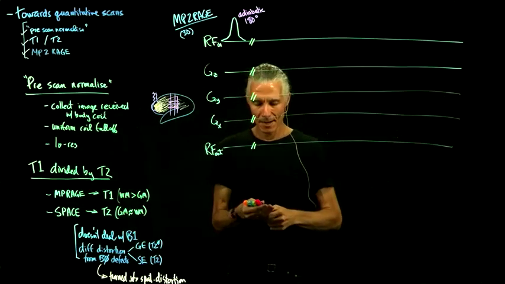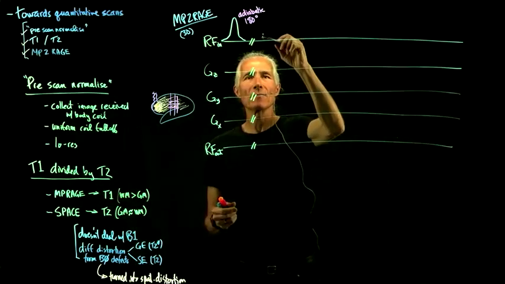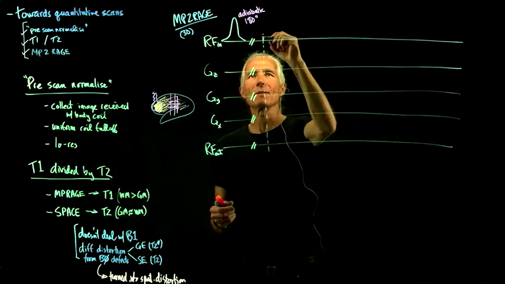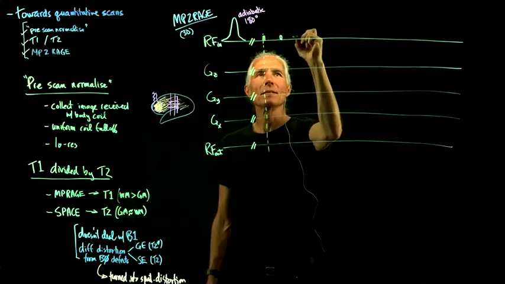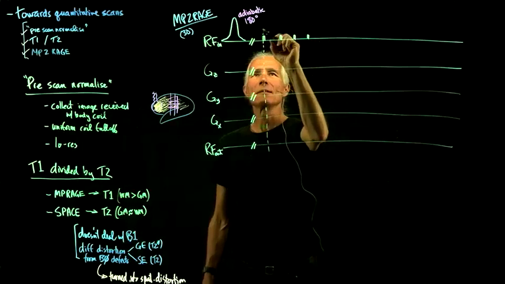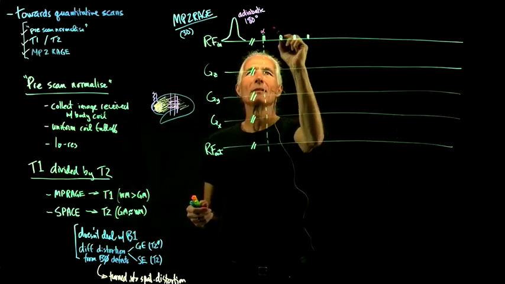Then we start our FLASH type readout, and for that we do a whole series of alpha pulses, hundreds of them. These are all low flip angle, 7 degrees or whatever.